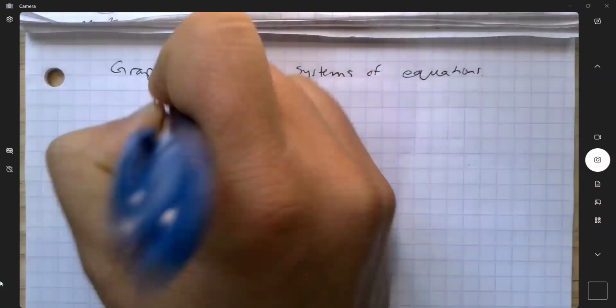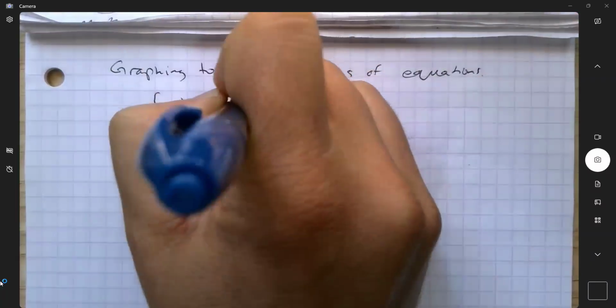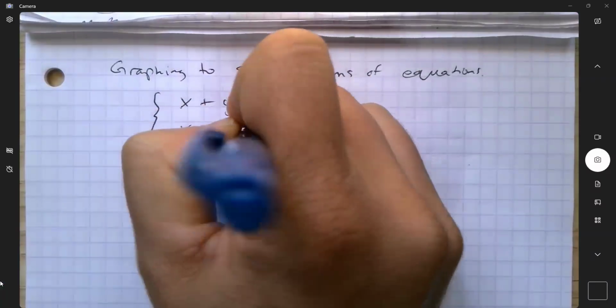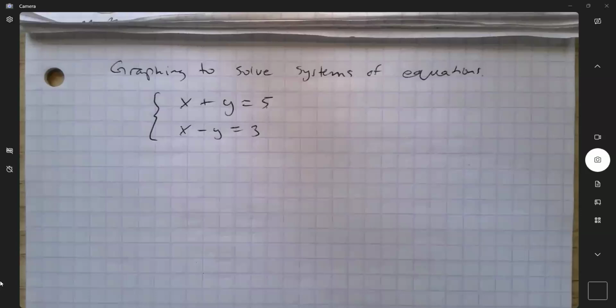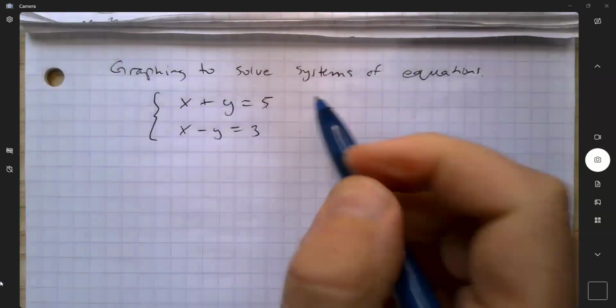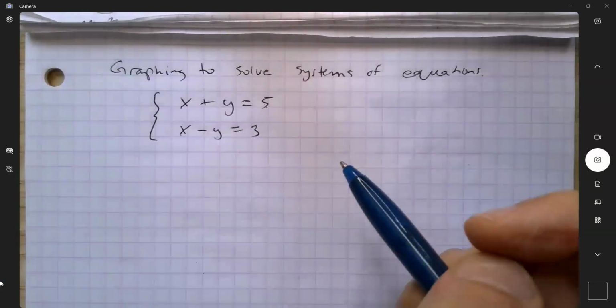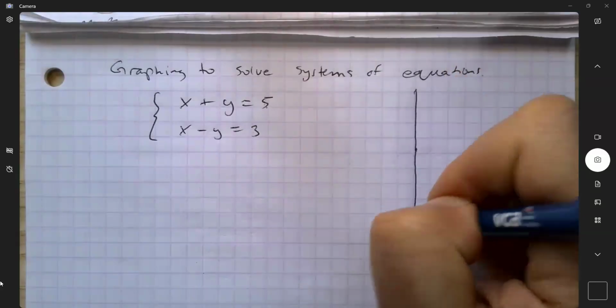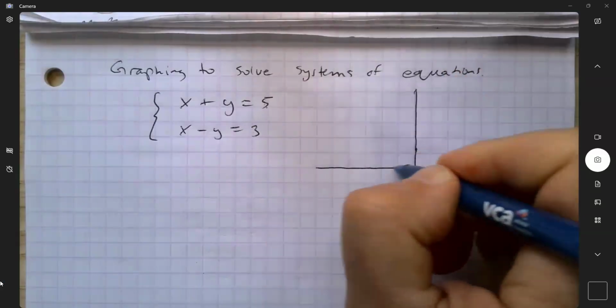So let's use those same two equations, x plus y equals 5 and x minus y equals 3. And let's graph both of these equations. This is something we worked on in the last chapter. So let's build our axes.